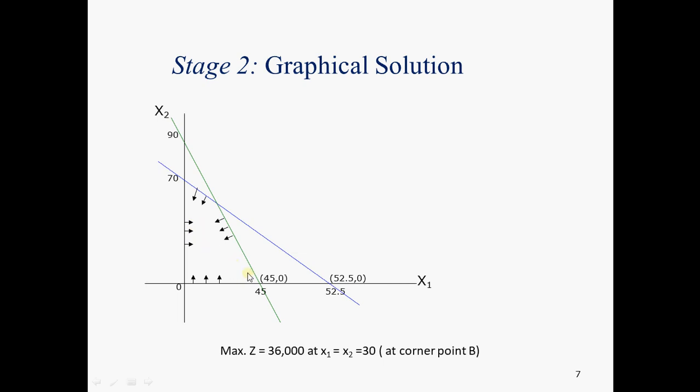Now if you carefully observe, this is the common area. For example, if I call these points O, A, B, C, this closed boundary is the common area which satisfies all the constraints. Taking all the constraints into account, you identify the feasible region.